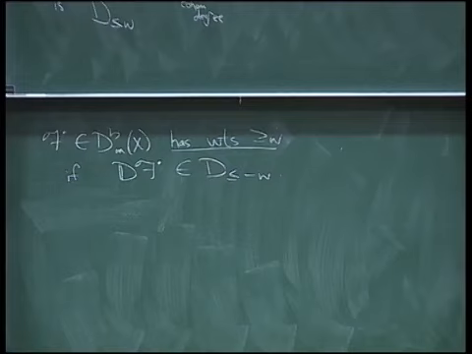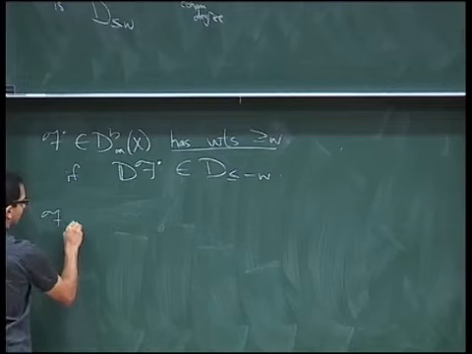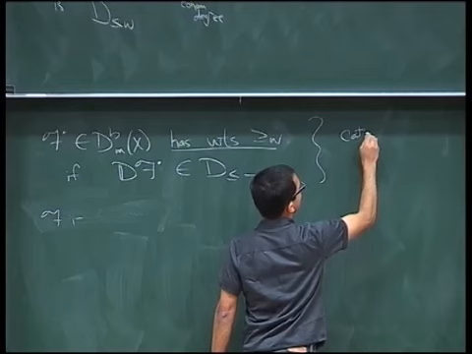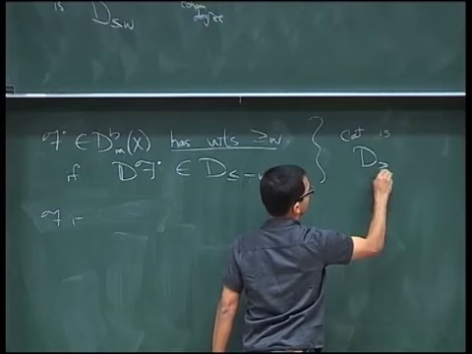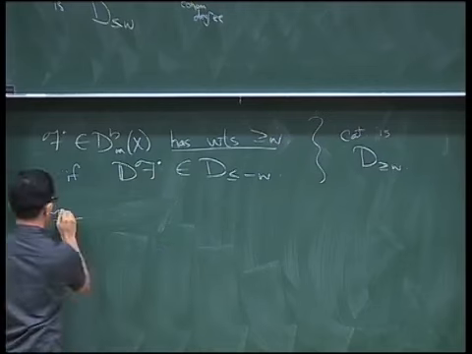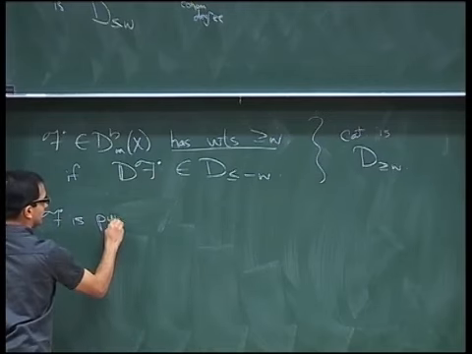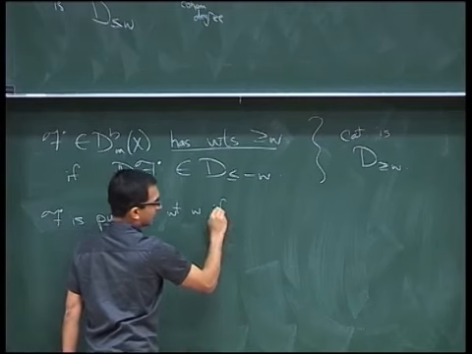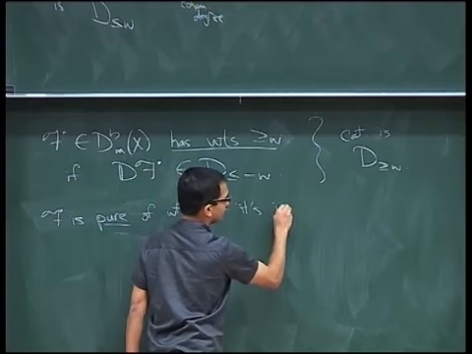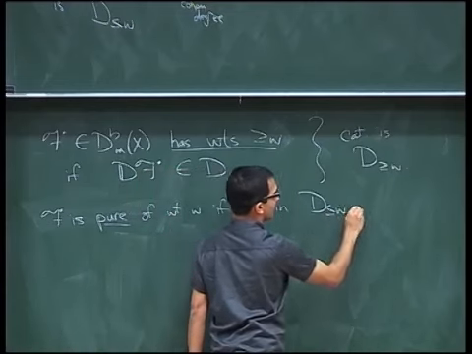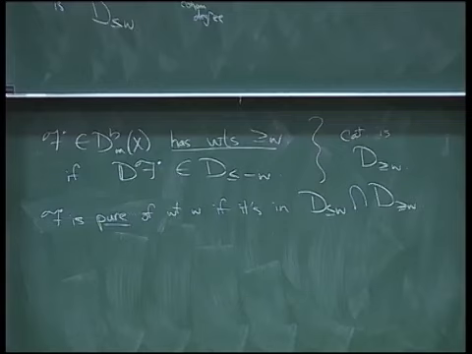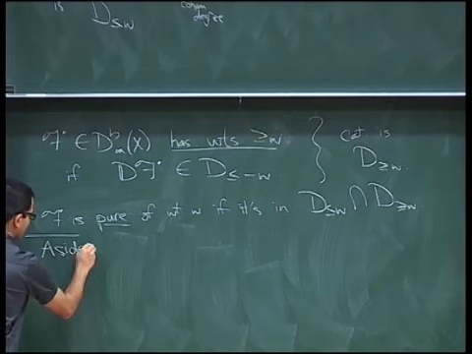This category is denoted D greater than or equal to W. And then F is pure of weight W if it's in both the less than category and the greater than category. Okay, so here are some side remarks.